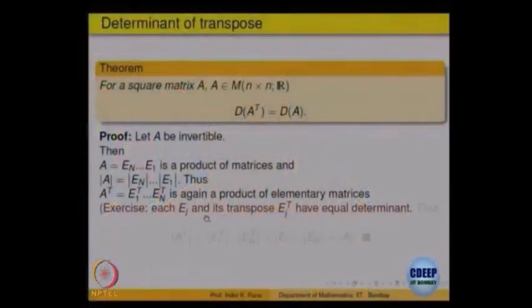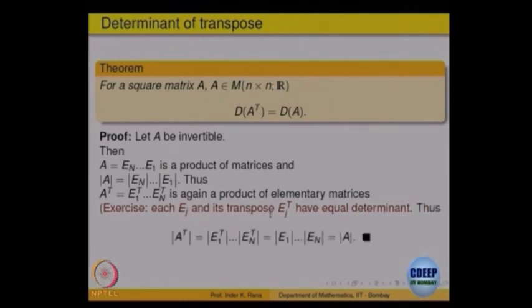That is simple because a lot of zeros are coming. So, we are leaving that as an exercise, note it down that if E j is any elementary matrix of any one of those types and you take its transpose, then they have the same determinant.